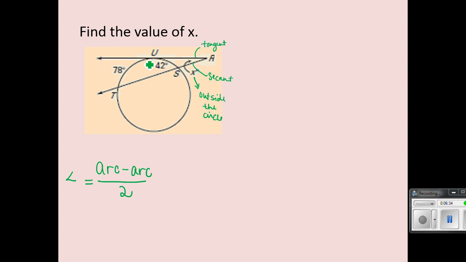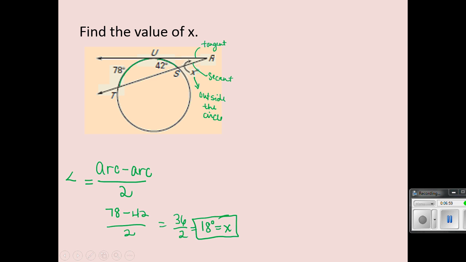Okay, so here is the first arc, which is 78. Subtract the second arc, which is 42, and divide that by 2. 78 minus 42 is 36. 36 divided by 2 would be 18 degrees. So x is 18 degrees.